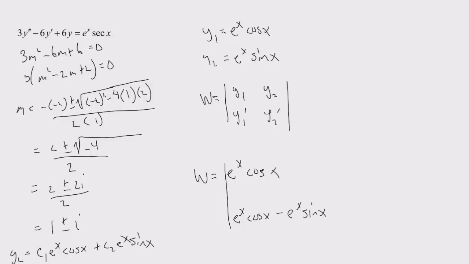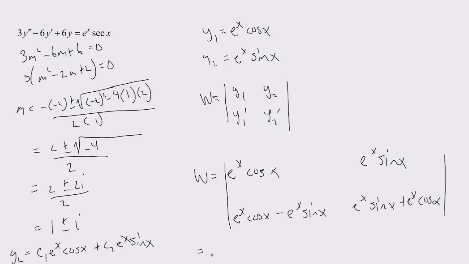And then the other one is e to the x sine x, and the derivative there would be e to the x sine x plus e to the x cosine x. And I want to cross multiply. Let's see if I'm going to get anything. I don't want to do too much in my head here.